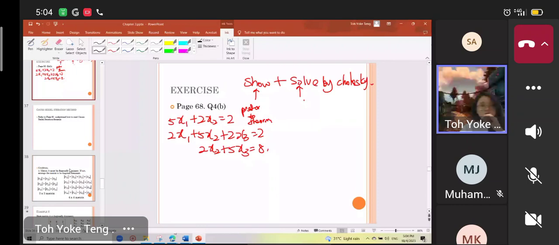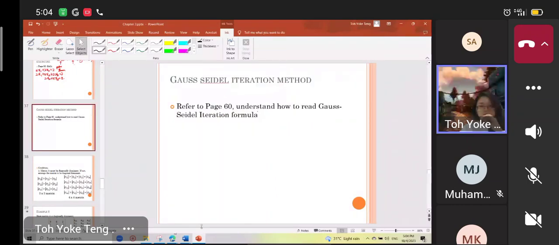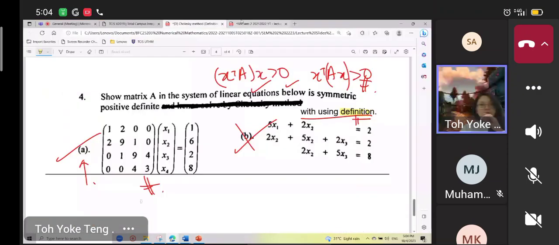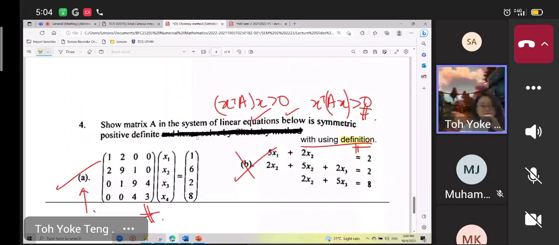Okay, so first to page 60. Understand, so again the thing I discussed with you. Is it not this one? Okay, give me a while.